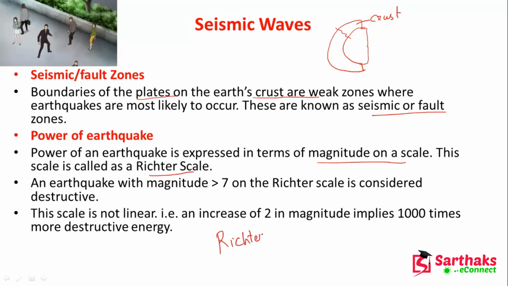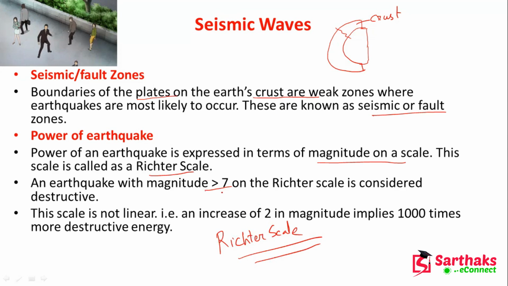Richter scale. And it is very unfortunate that in Japan, the Richter scale measurement is very high, and the frequency of earthquakes is also very high. Now, an earthquake with magnitude less than or equal to 7 on the Richter scale, that is okay.